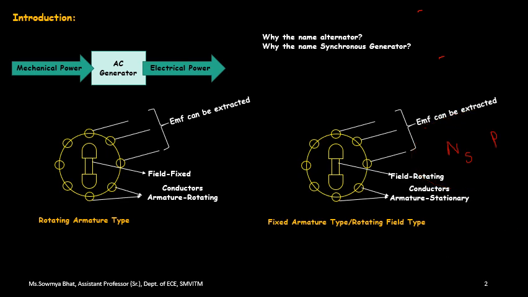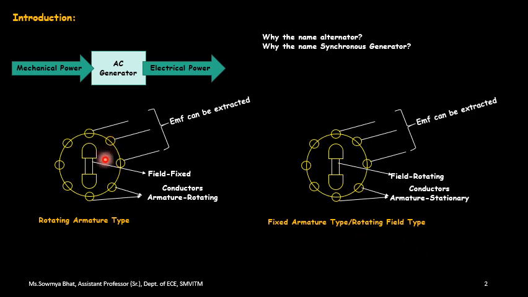The stator, as you know, is a stationary part, whereas the rotor is a rotating part. If you see these two diagrams I have drawn, one is called a rotating armature type, and the other is called a fixed armature type, or a rotating field type, sometimes also called a revolving field type of alternator.